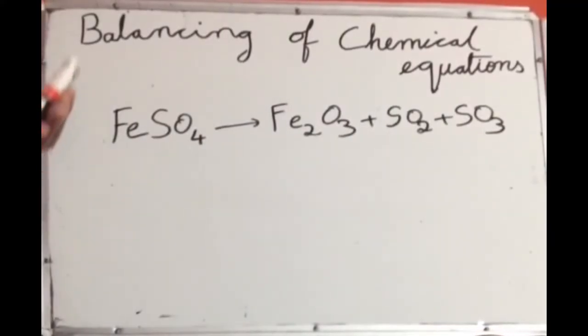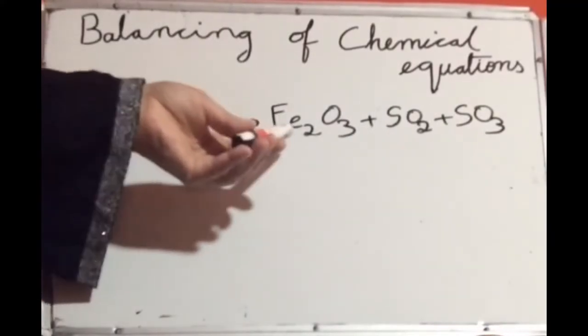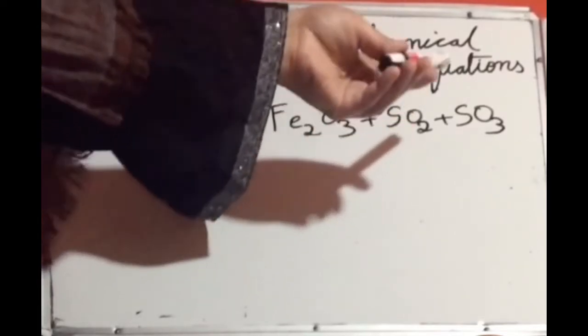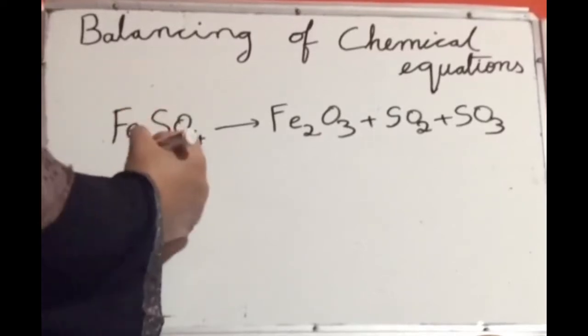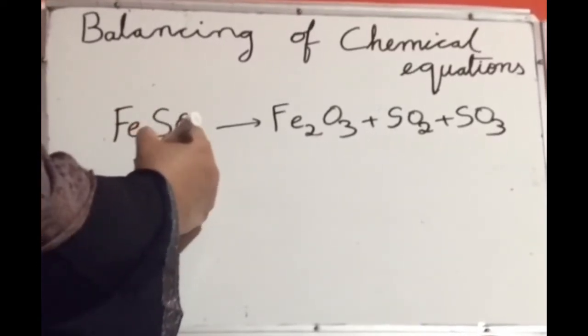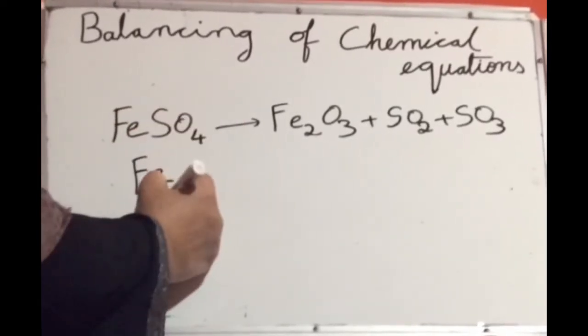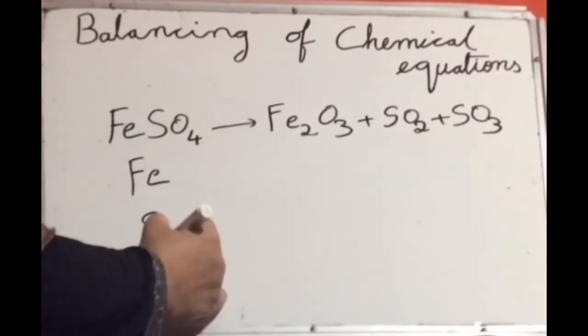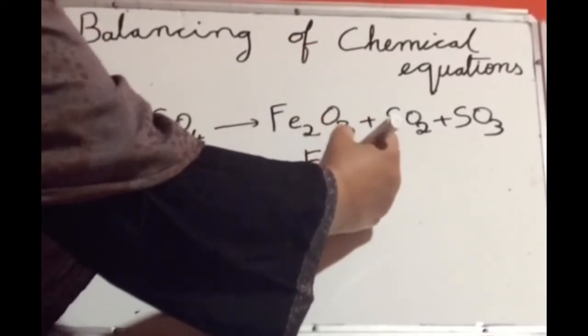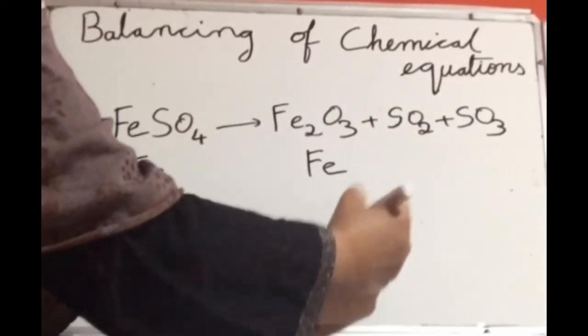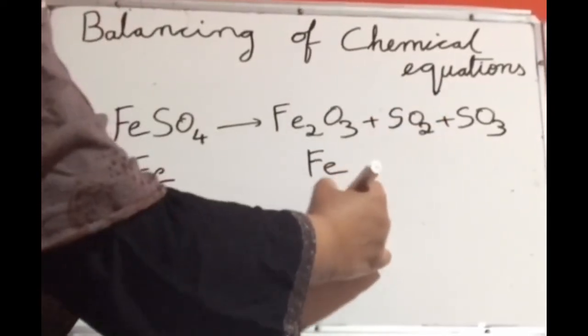Let's see this equation. FeSO4 giving Fe2O3 plus SO2 plus SO3. How do we balance? Write down the names of elements first. Fe. Then what is the next element? Sulfur. Next element is oxygen. Here similarly I write iron, oxygen, then comes the sulfur.